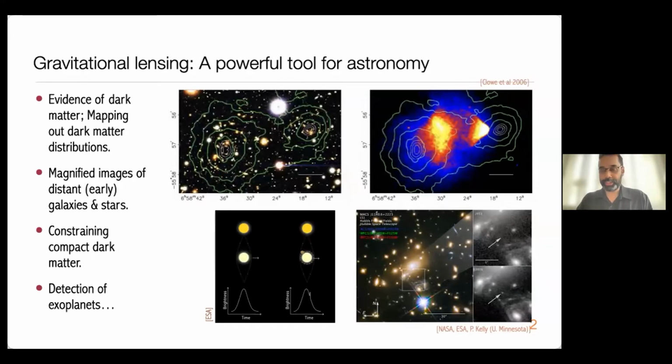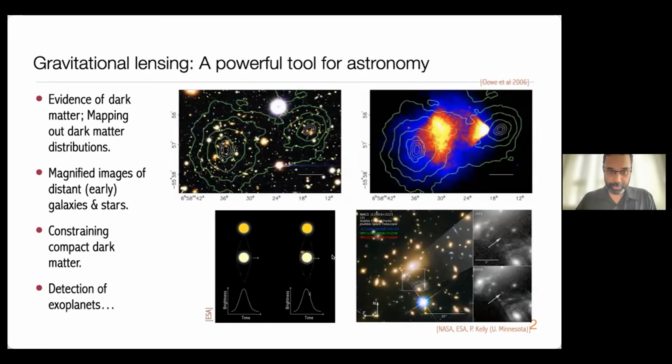The non-observation of such microlensing signatures has enabled astronomers to put constraints on the fraction of dark matter in the form of compact objects in the subsolar mass range. And there are positive detections of gravitational microlensing, of course, and this has enabled astronomers to detect exoplanets.